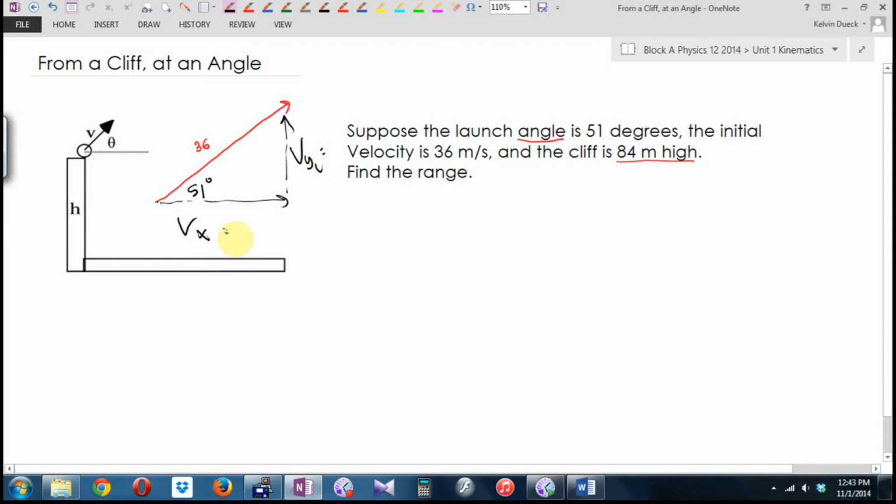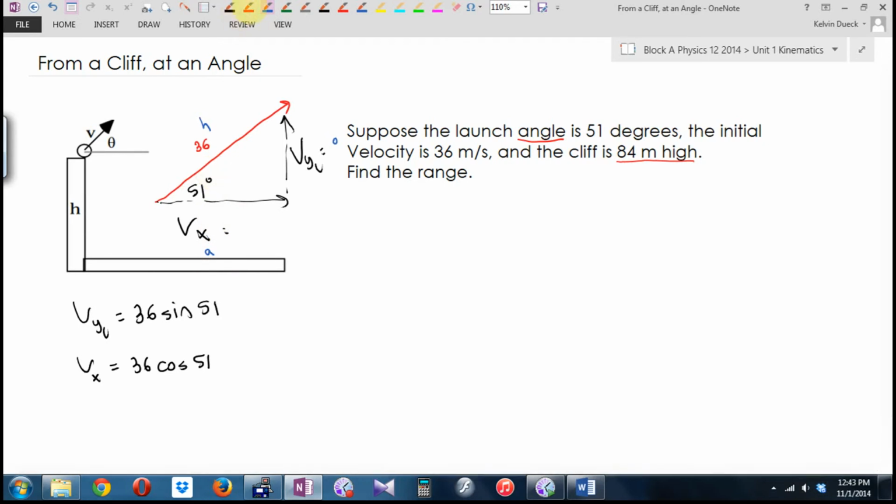So we did this, and we noticed that Vy initial ended up being the velocity times the sine of the angle. And if you don't believe me, it's opposite over hypotenuse, and that's why it's sine. And Vx ended up being the velocity times the cosine of the angle, because it's adjacent over hypotenuse.